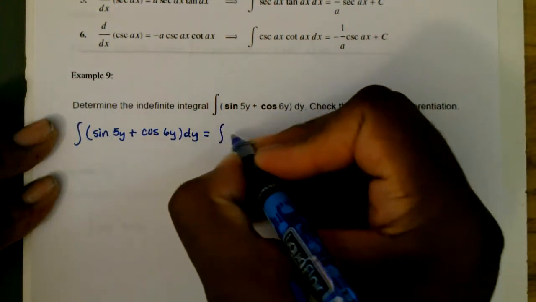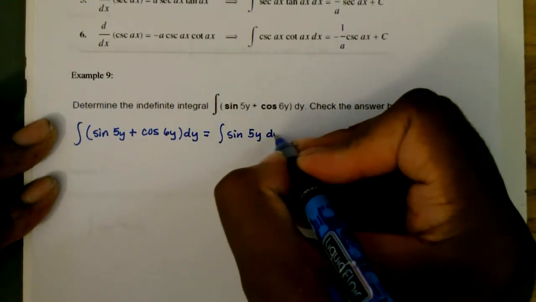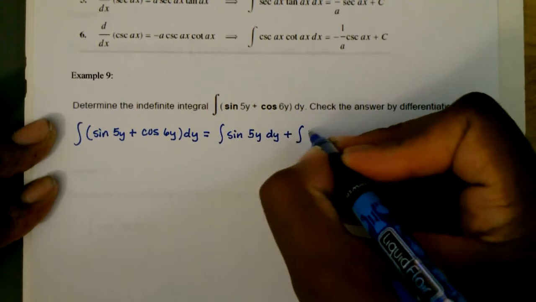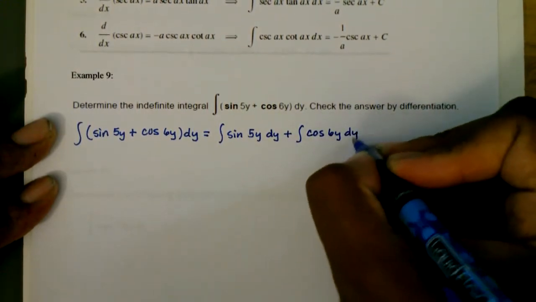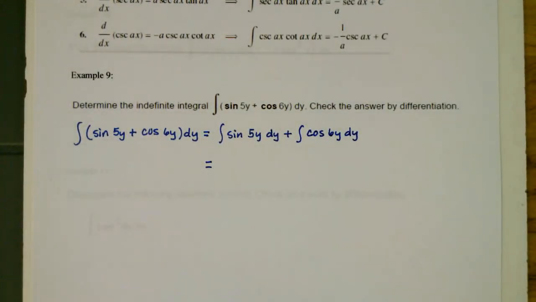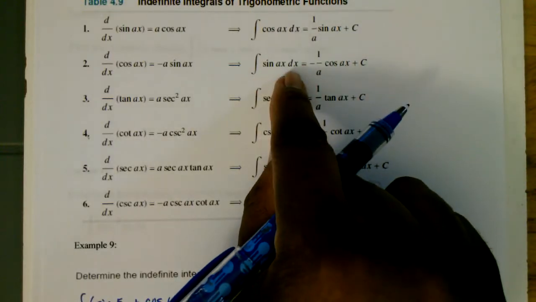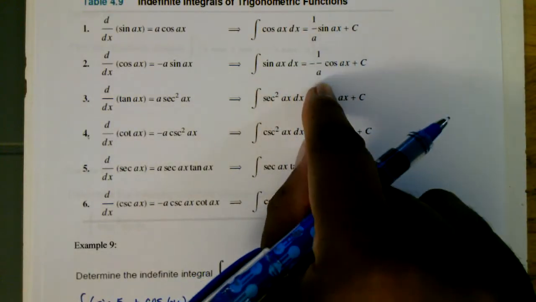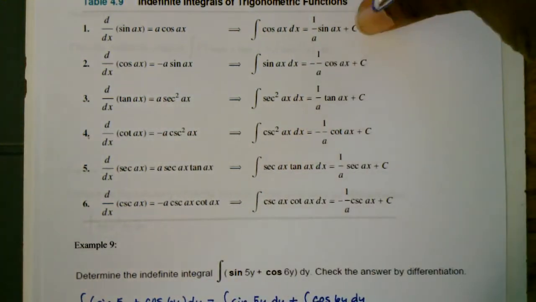I can write the integral of sine of 5y dy plus the integral of cosine 6y dy. Now, if I take the integral of sine of 5y dy using this rule right here, sine of ax dx, that would be negative 1 over a cosine of ax plus c. I use that for that first piece.